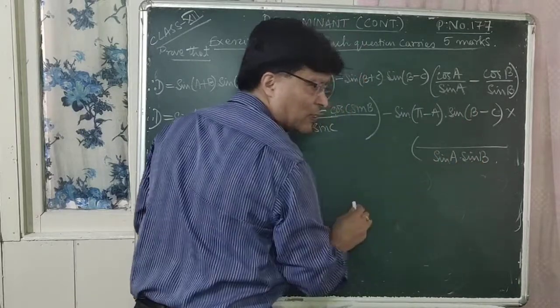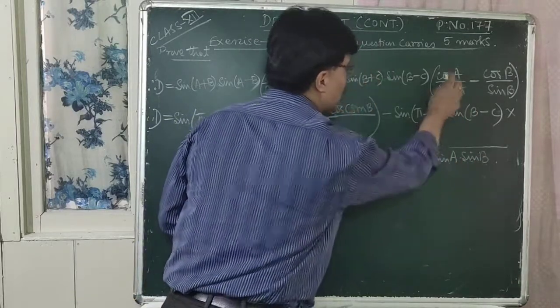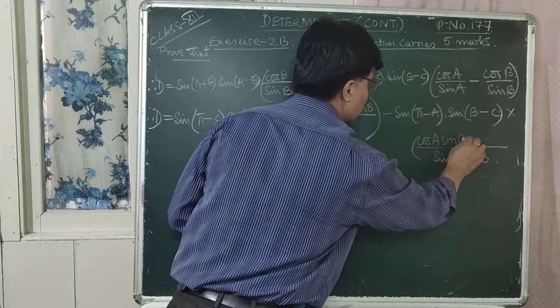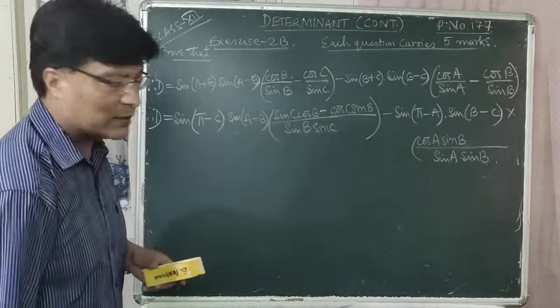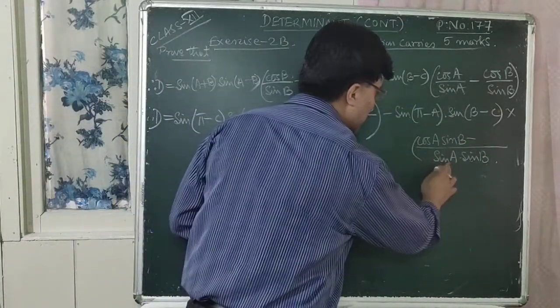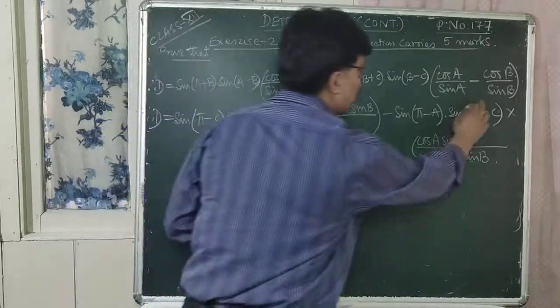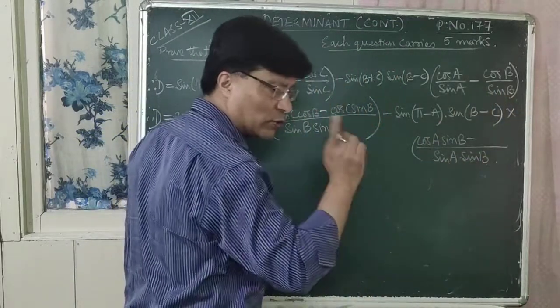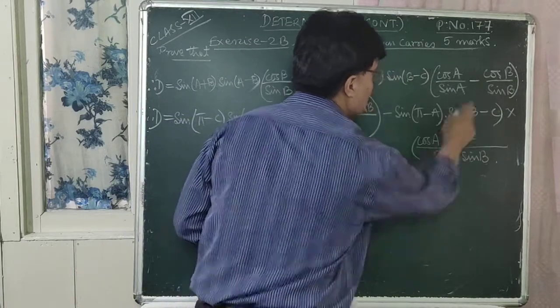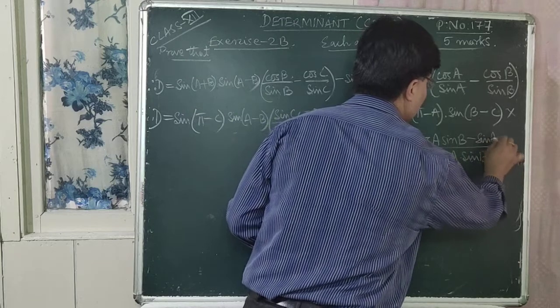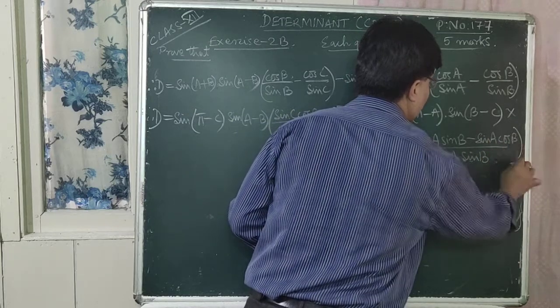Sine B remains, sine B into cos A, or sine B cos A, right? Then next minus, again this LCM, sine A sine B is divided by sine B. Sine B gets cancelled, so sine A remains. So it is sine A into cos B.